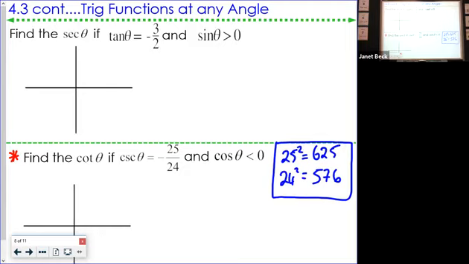So keep an eye on where we're trying to go. The question basically is asking us for the secant of theta, and so this is going to be the very last thing we're going to do. To find the secant of theta, we don't need to know what the angle is, as long as we know the ratio. Secant is the ratio of r over x.